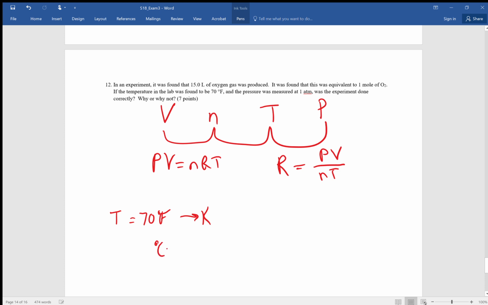So degrees Celsius is equal to 5/9 times degrees Fahrenheit minus 32. So here we can plug in our actual value, 70 degrees Fahrenheit.